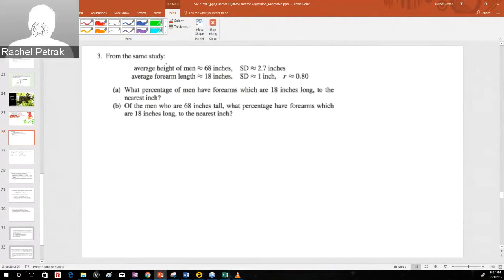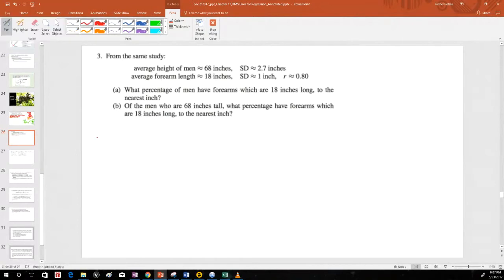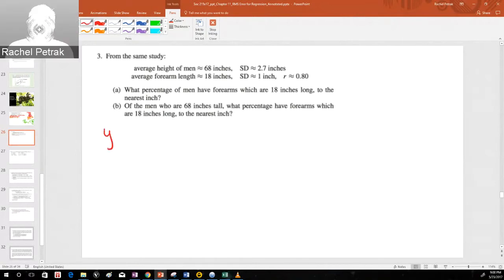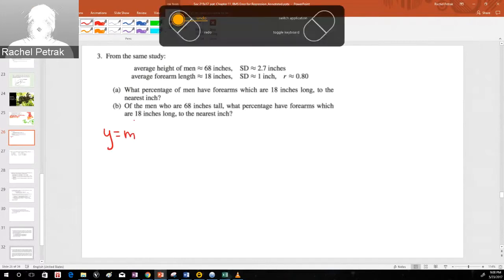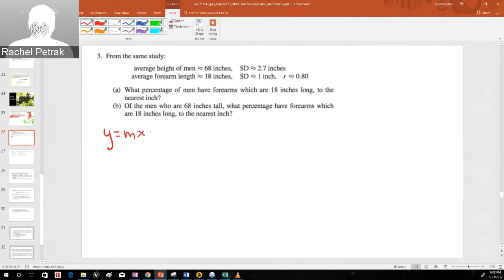Here we go. So we know our general prediction formula is essentially y equals mx plus a, essentially.